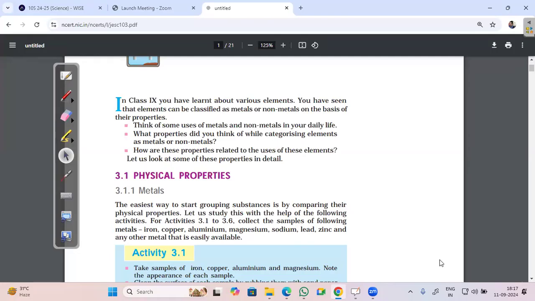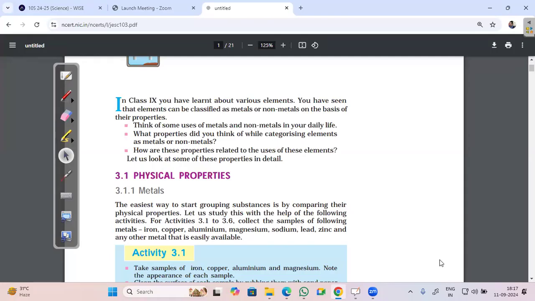But there is a definition on the basis of which we can say that yes, this one is a metal and whether a given substance is metal or not. We'll come to that property once we study the complete details in physical properties.